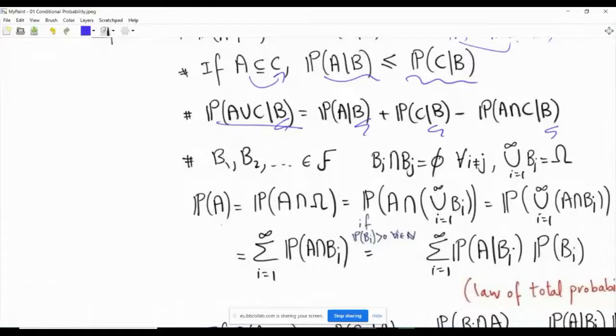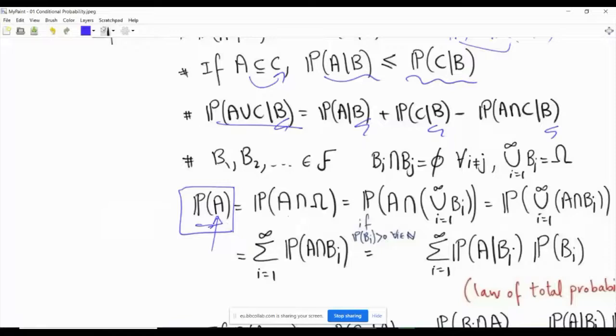Okay, so now in practice, when you are computing probability, sometimes it's very difficult to handle the probability of an event directly, and so sometimes it's very useful to use a trick called the law of total probability. And so here it is. What is the probability of A?